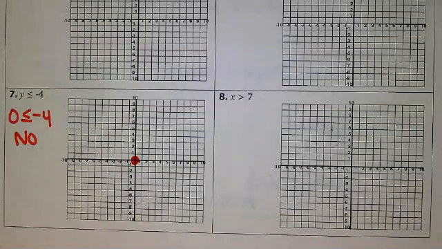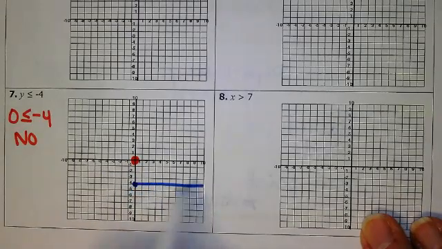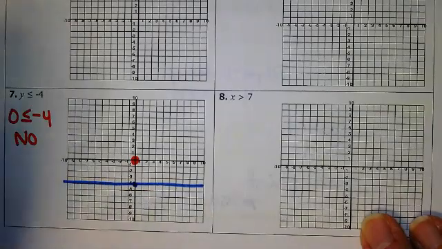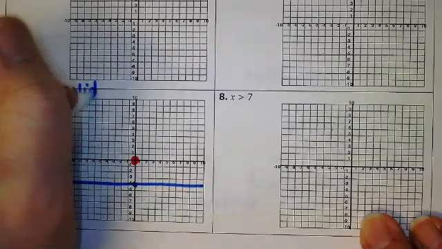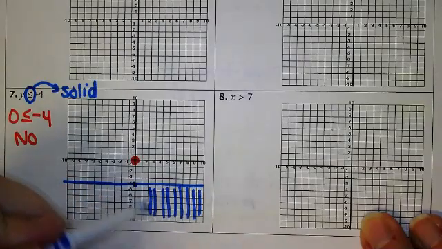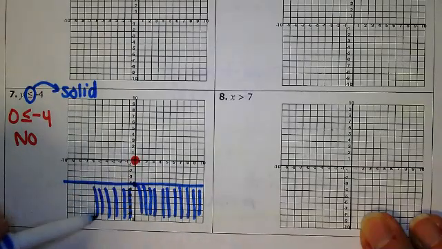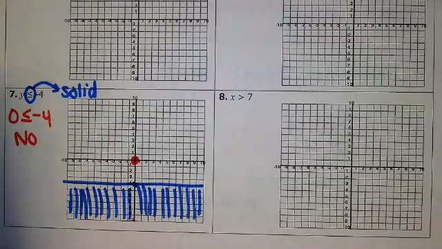So your line would look like this. So you would have 1, 2, 3, 4. It's going to be a solid line straight across because of this symbol right here. That means a solid line. And I'm going to shade over here because according to what we just determined, 0, 0 is not a solution. So that means everything on the other side of the line is going to be it.